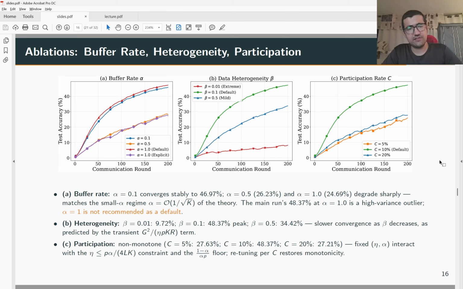Now the ablations on TinyImageNet, and I want to be fully transparent here because there is a very interesting discovery.